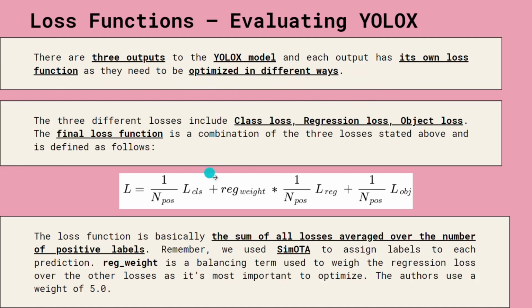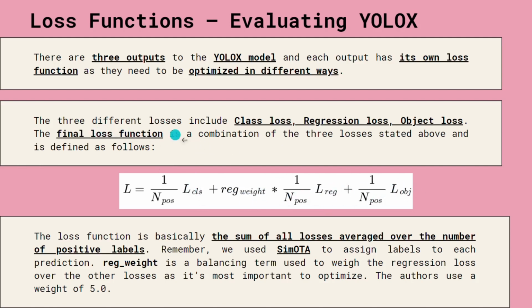So we have seen that we have a decoupled head in the case of YOLOX, and we have a feature map that represents the class scores, and we have another feature map that represents the regressor, and finally we have one final feature map that represents the objectness score. And we need to calculate the loss for each of these parts of the feature map.